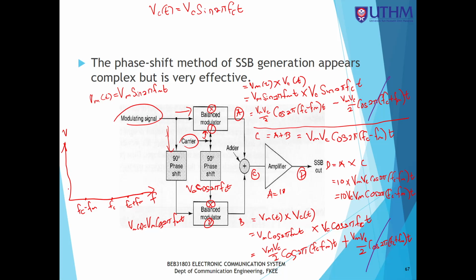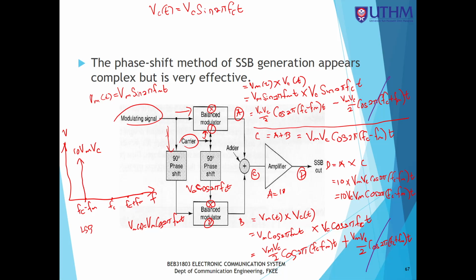The amplitude that you have calculated in this example is 10 Vm Vc. This one is the LSB, lower sideband.